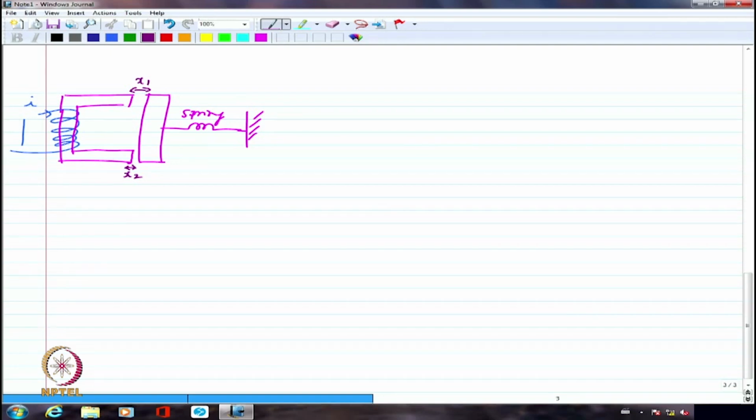So, if I try to draw the two magnetization curves corresponding to these 2 points, this is I and this is, let us say, lambda. For x1, I draw a magnetization characteristic like this.